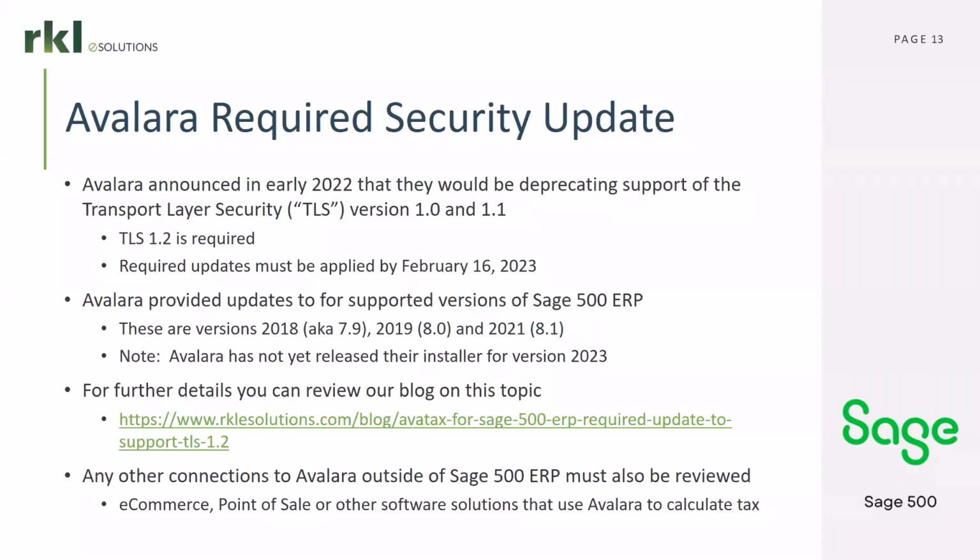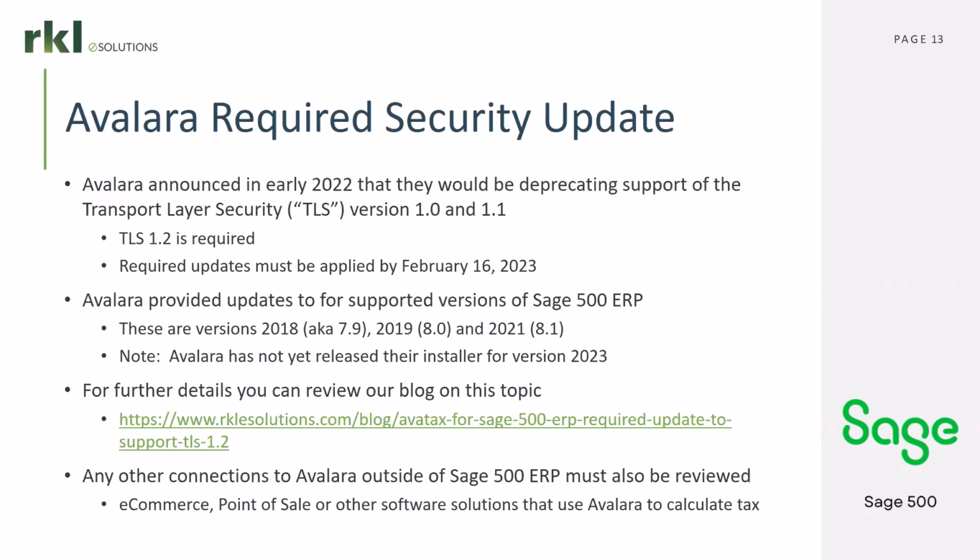They also are getting a little more assertive about notifying clients. So if you are getting any notifications from Avalara indicating that you're interacting with them with non-compliant transactions, that essentially means you're still communicating from your Sage 500 system or another application using 1.0 or 1.1.